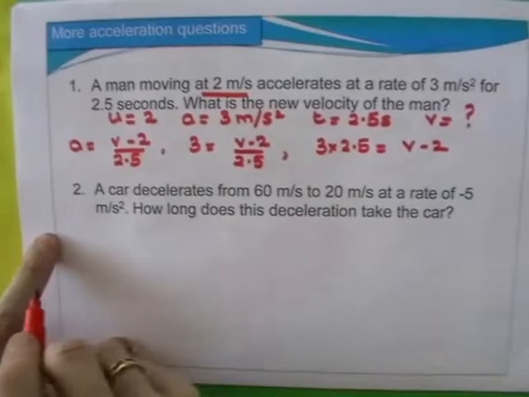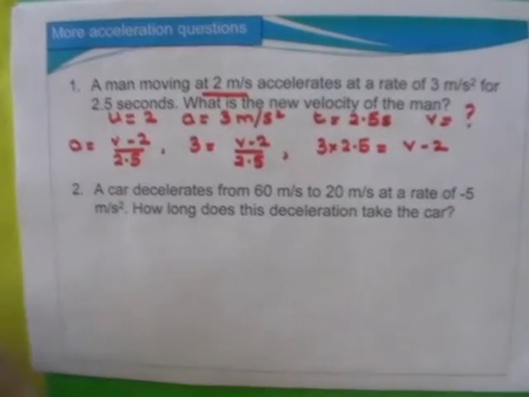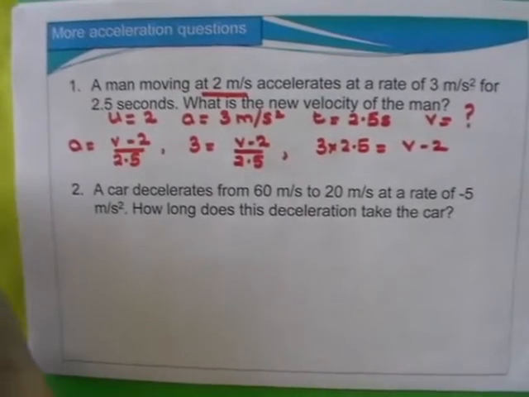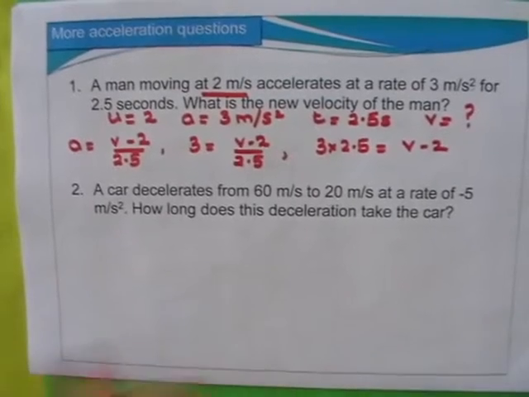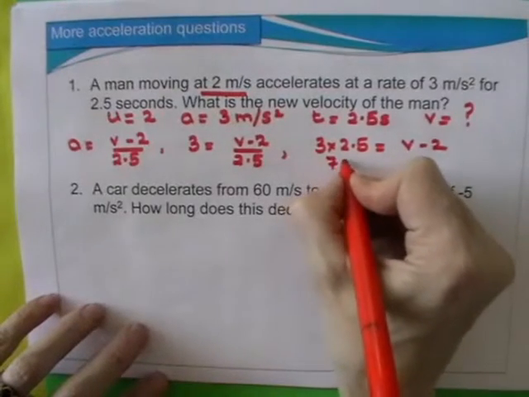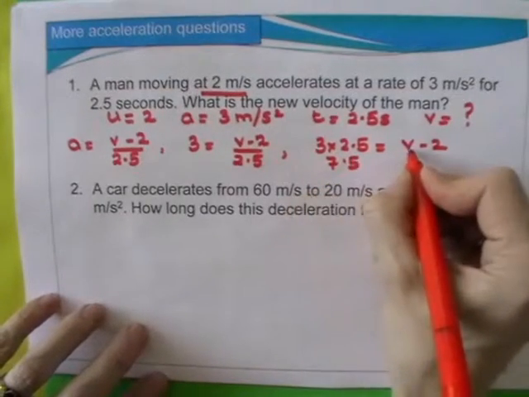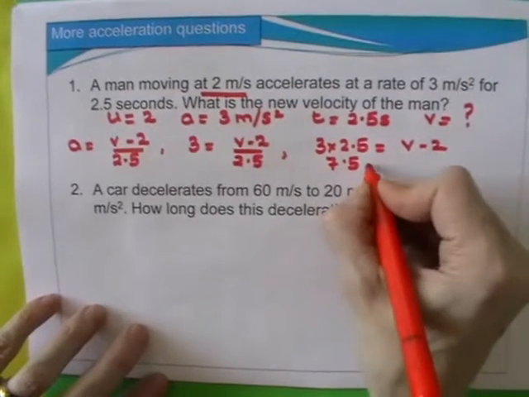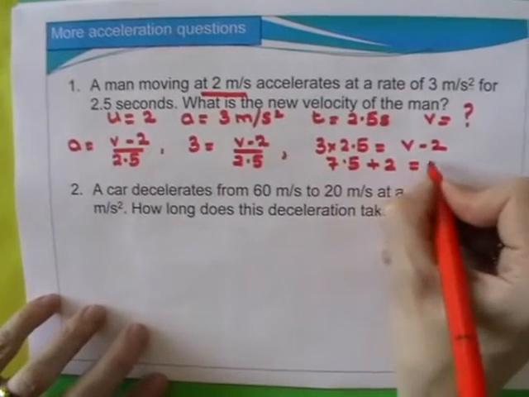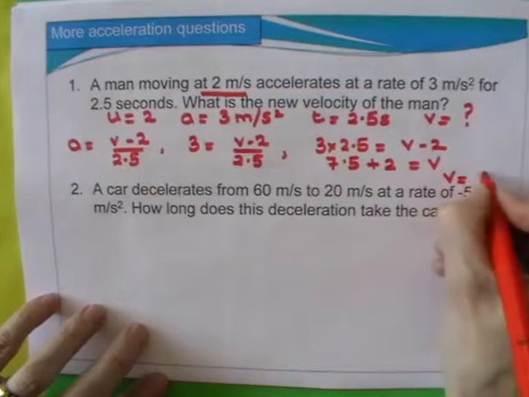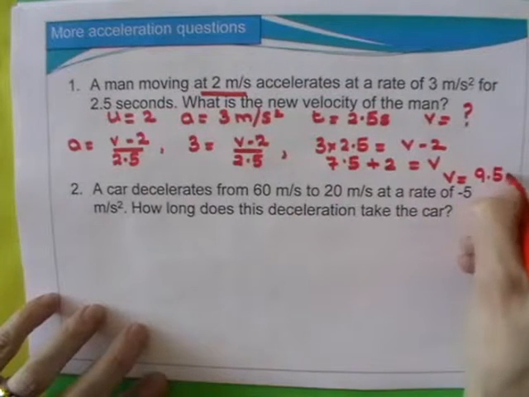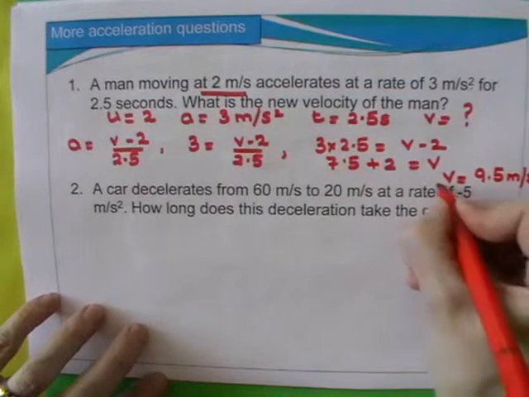And 3 2.5s gives you 7.5, and I'll just check that. 3 by 2.5 gives you 7.5. And to get V on its own, we have to bring the 2 over here and add it. So V is 9.5 meters per second. And that's the new speed.